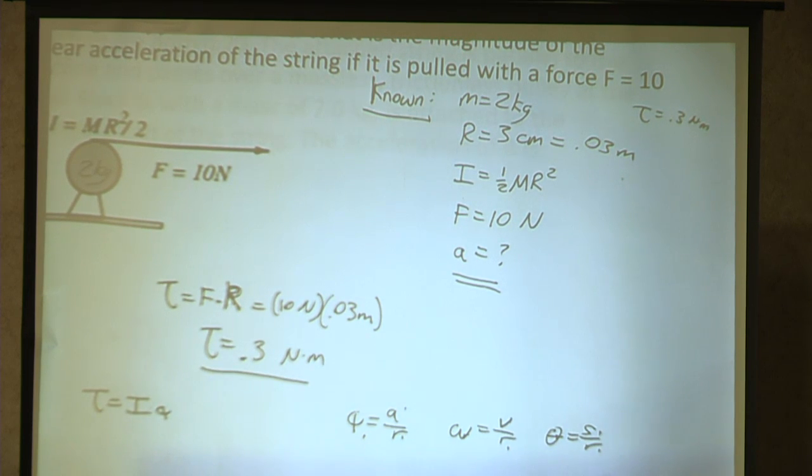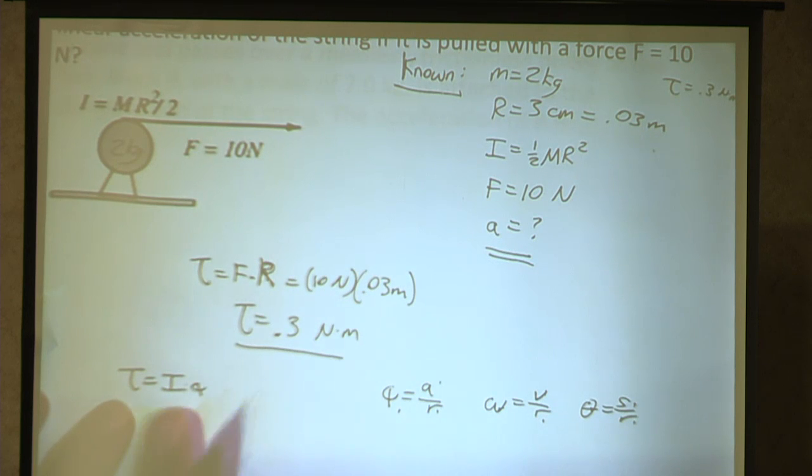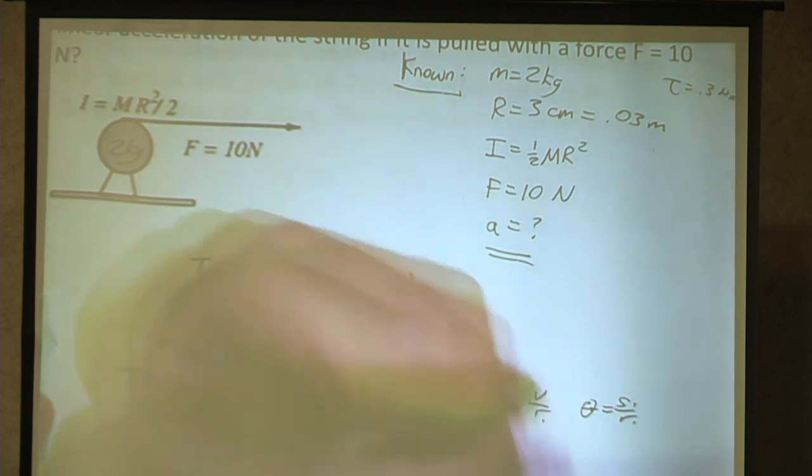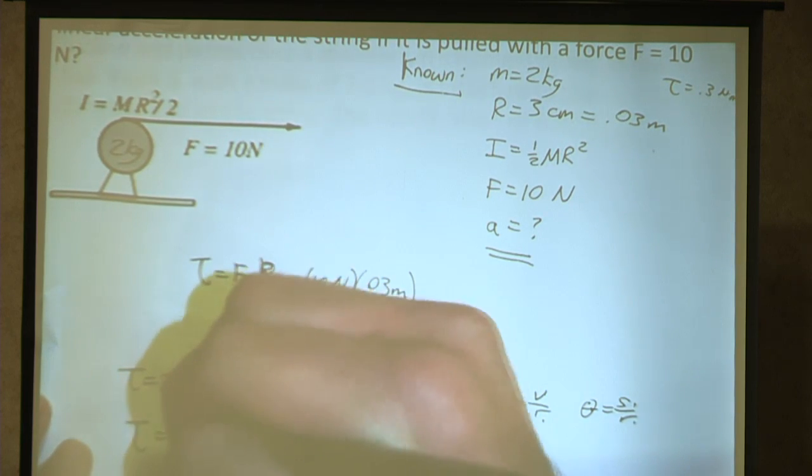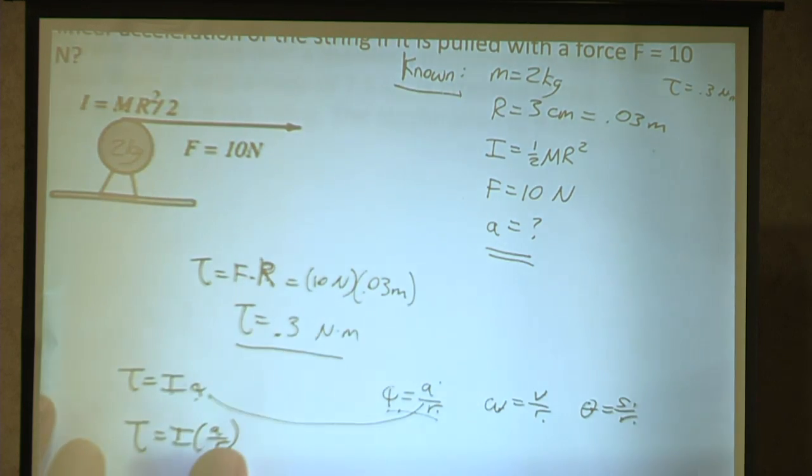So we have tau, the torque, equals the moment of inertia times the angular acceleration. I'm going to plug this in over here. Torque equals I times A over R. This is good because now we have A in our equation, and that's what we're trying to solve.